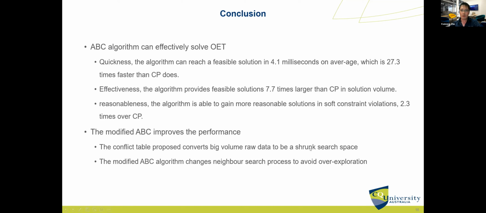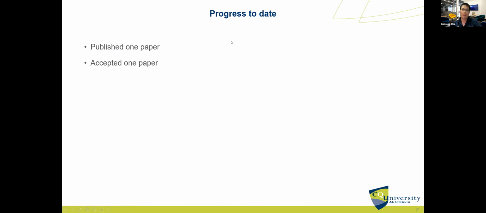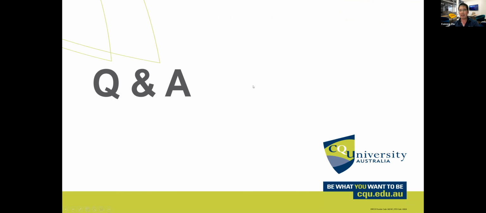This algorithm can also rank the search space. And in this algorithm, I changed the neighborhood search process so it can avoid over-exploration. So far in my study, I have published one paper, and one of my papers has been accepted. Okay, that is the end of my presentation.